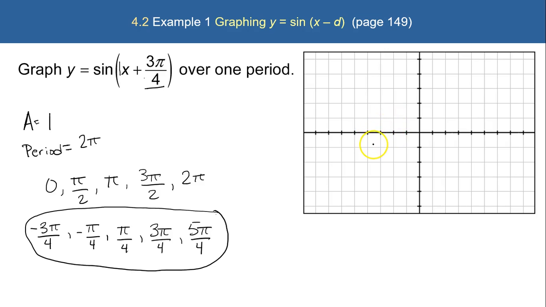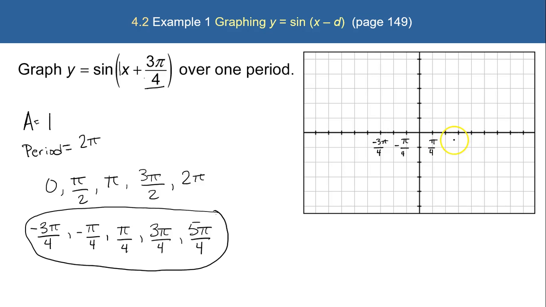Let's see, this right here is going to be our negative pi over 4. I'm going to call this our negative 3 pi over 4. Here's pi over 4.